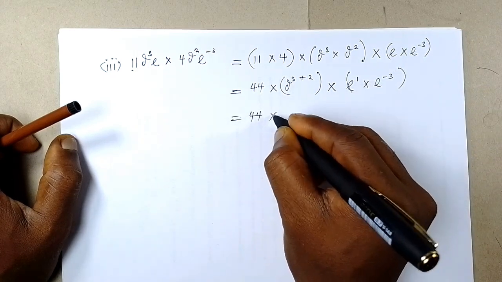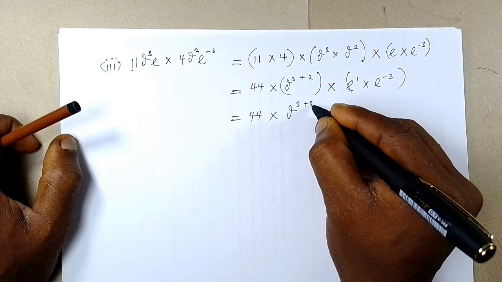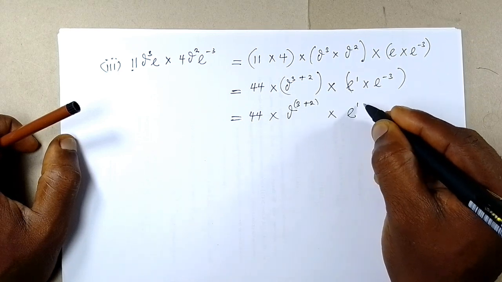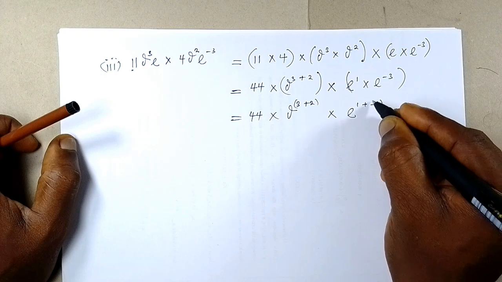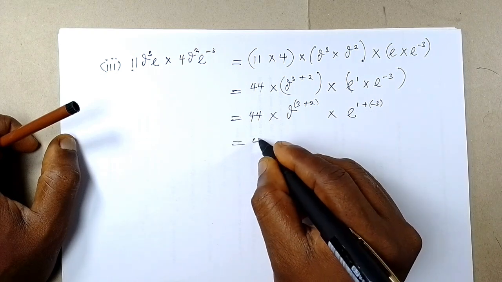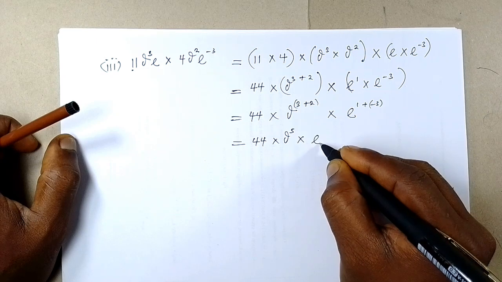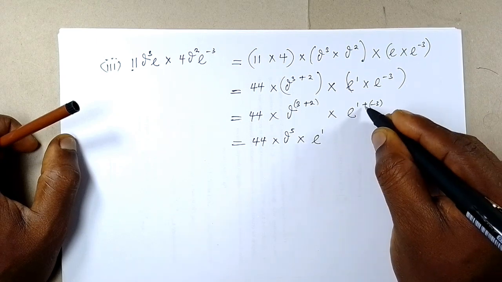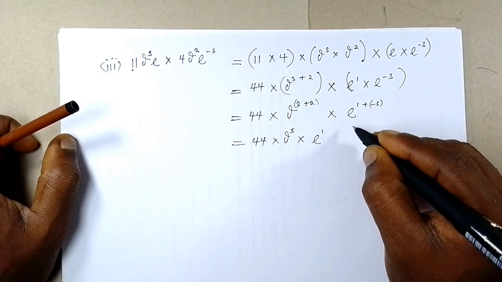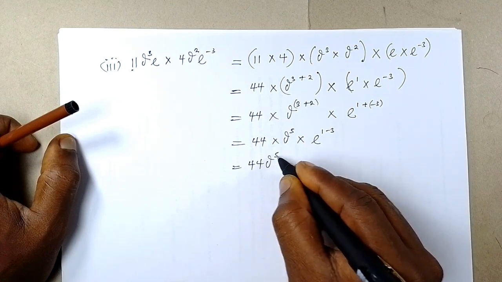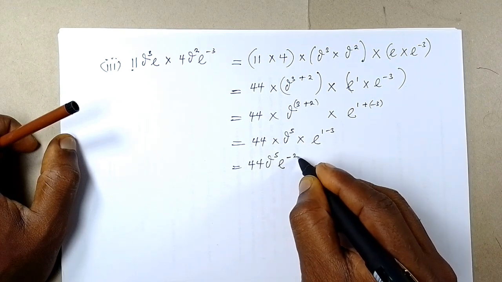So this will be 44 times d raised to power 3 plus 2, times e raised to power 1 plus minus 3. And that would now amount to 44 times d raised to power 5 times e raised to power 1 plus minus 3. Plus times minus is minus, so this will be minus 3. So you end up having 44 d raised to power 5 e raised to power minus 2.